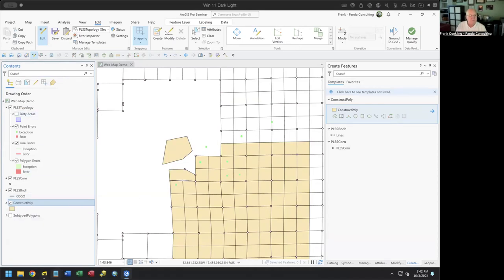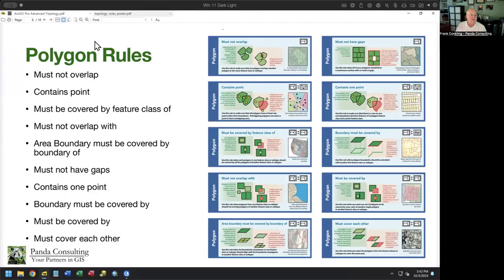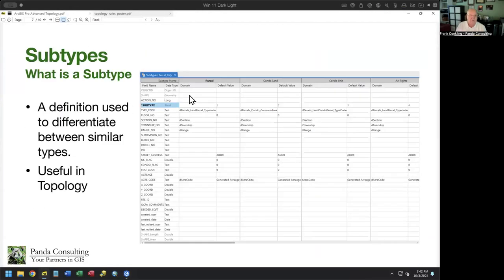Because if I look at subtypes, subtypes are a little bit different because a subtype is a way of defining a specific definition of a parcel type so that you have to have a list of the different types of subtypes that you have. And subtypes are used for two different things.